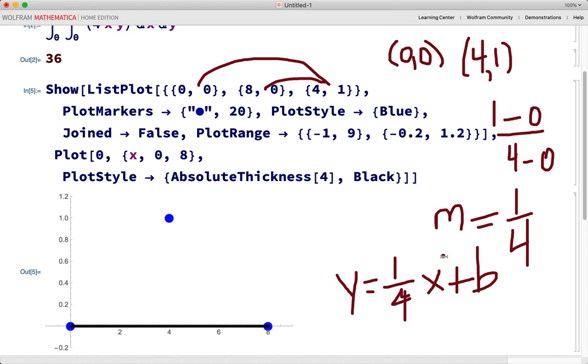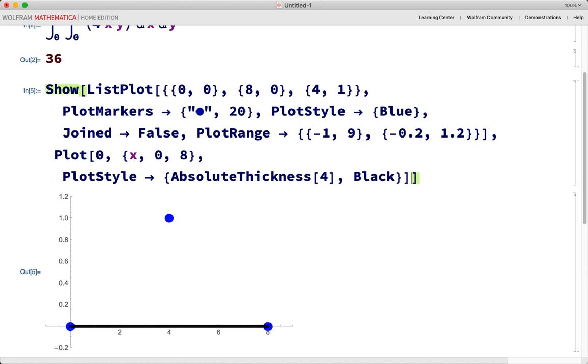Well, 1/4 times 0 is equal to 0, and 1/4 times 4 is equal to 1, which means we don't even have to worry about b, because for this problem, b is equal to 0. So that's pretty easy.